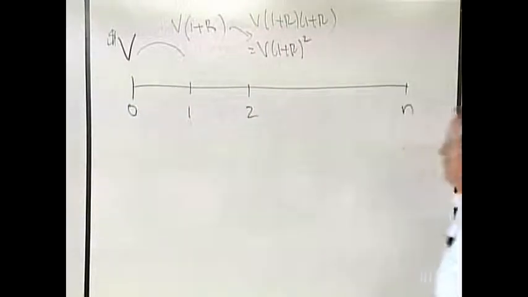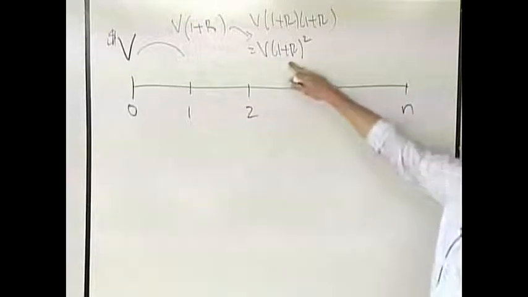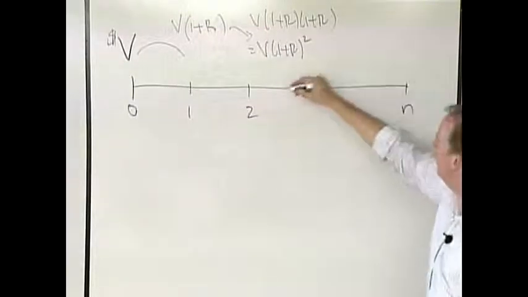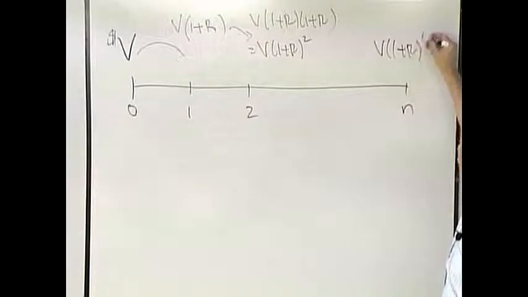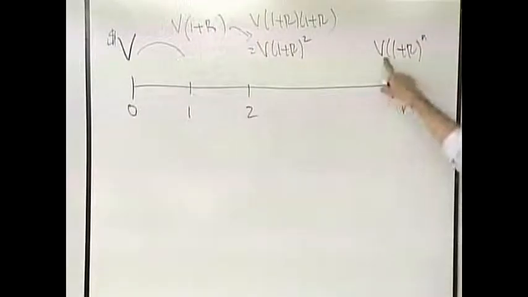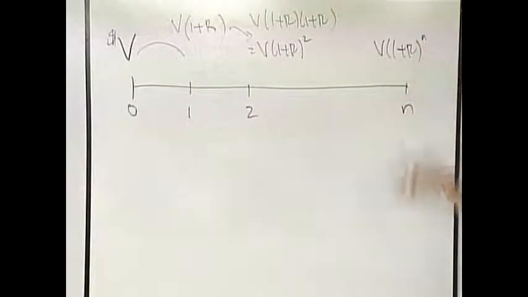And that gives you V times 1 plus R squared. So after 2 years, this is your future value. And then you just continue on that same compounding. After N years, you get your future value, which is your initial investment times 1 plus the interest rate raised to the power N. Okay? So that's future value.